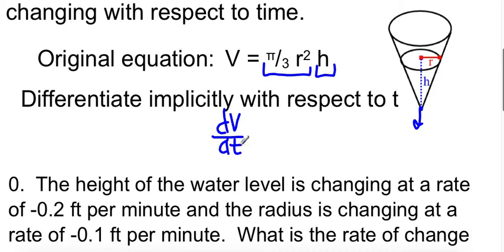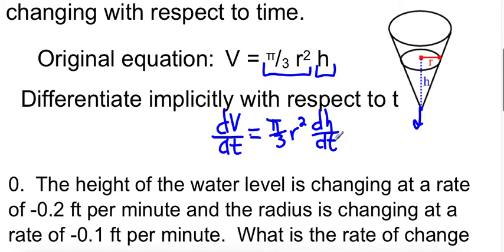So dV dt, we're doing the product rule. We have the first, pi over 3 r squared, times the derivative of the second, h. We don't know what h is. It's some sort of function with respect to time, so it is dh dt.